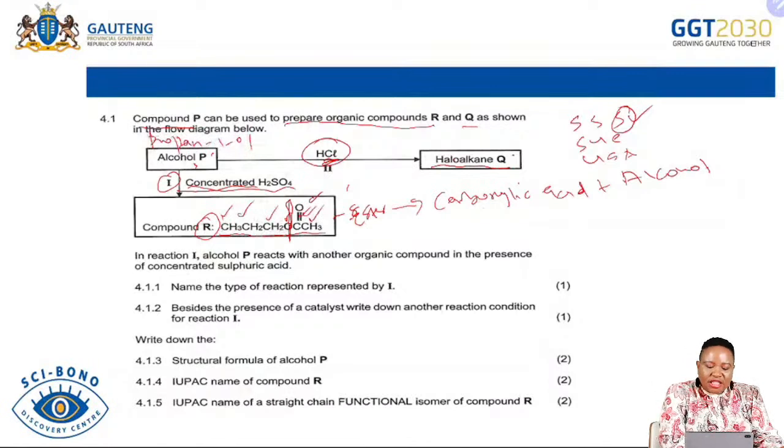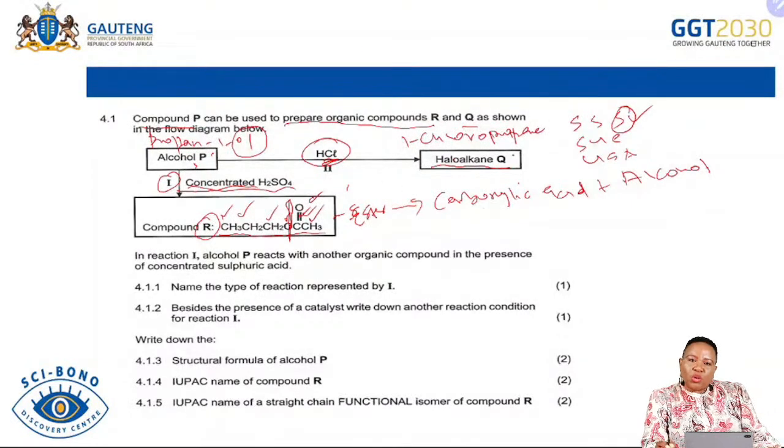And if we know that this is propan-1-ol, it means we will also know that our haloalkane is going to be what? 1-chloropropane, because our chlorine will replace our OH, our hydroxyl group, and then we are going to find 1-chloropropane.